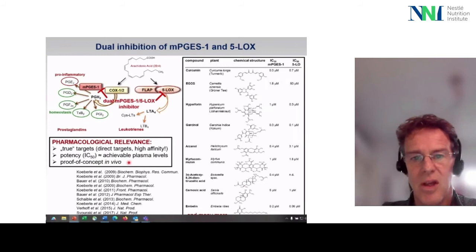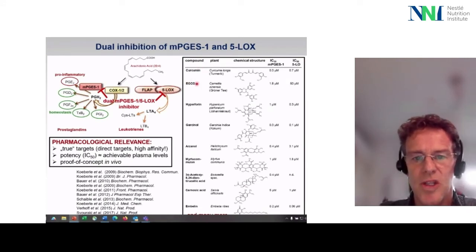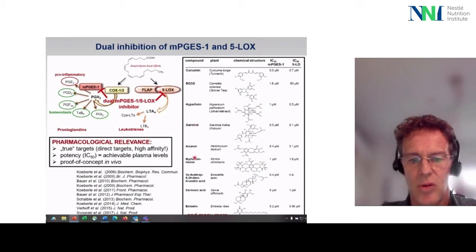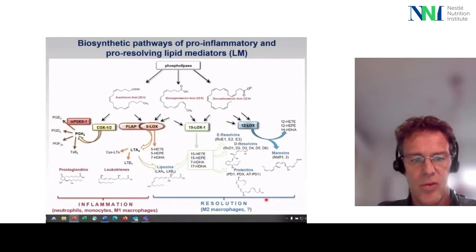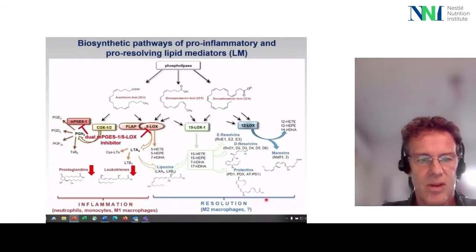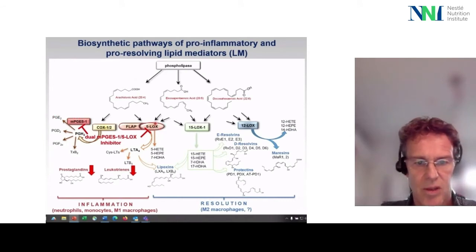And in fact, we found a couple of natural products like curcumin, EGCG, hyperforin, gossypol, also carnosic acid, that dually inhibit these enzymes at even rather low concentrations in the nanomolar range. So the question is, of course, do these dual inhibitors that block PGE2 by inhibiting mPGES-1 and leukotrienes by inhibiting 5-LOX also elevate these SPMs?